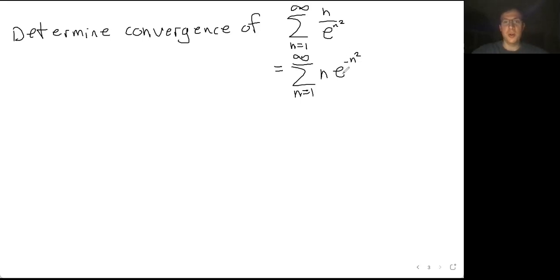Writing it in this form, what we can see is that if this was a function we wanted to integrate, it's set up for a u substitution. And that's really what you need to think about.